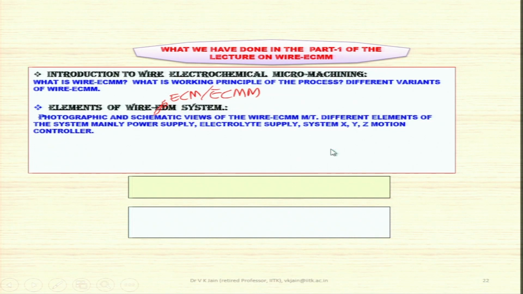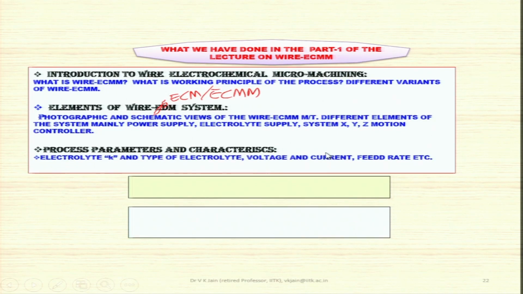Different elements of the system, mainly power supply, electrolyte supply system, XYZ motion controller also have been discussed to some extent. Then process parameters and characteristics of the wire ECMM process have also been told to you in the part 1 lecture of the wire ECMM.